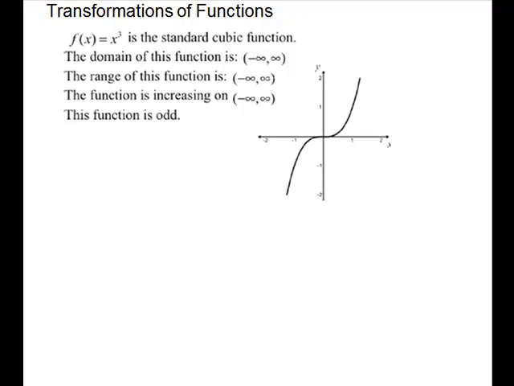As it keeps going up, it will go to the right. So it is negative infinity to positive infinity. The range, it goes forever down, it goes forever up. So negative infinity to positive infinity. It is always increasing as you go from left to right. And this is an odd function. If you rotate the graph around 180 degrees, it will give you back the same picture. It is symmetric around the origin.